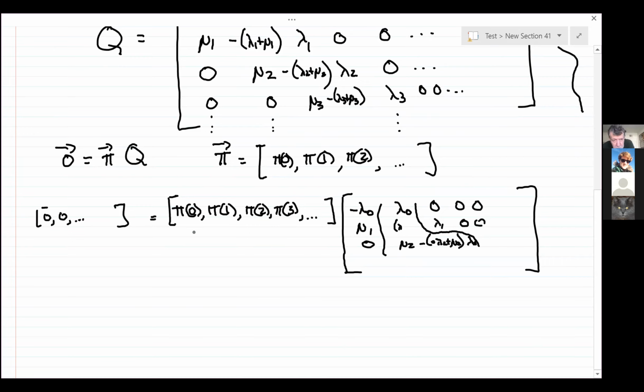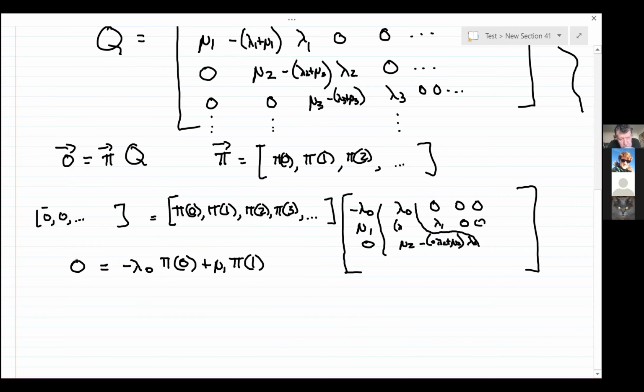When you first multiply this vector times this matrix, you will get minus lambda 0 times pi 0 plus pi 1 times mu1. And then there are zeros the rest of the way in this column, so all the further multiplications are 0. And when you do all of this, you will get 0. Okay.